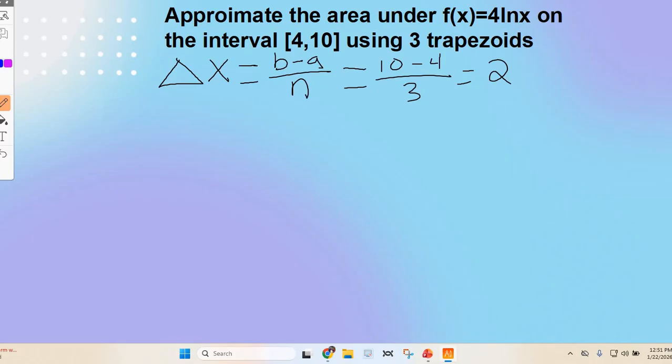If you want, you can draw a graph of this if it's helpful. So use 2, 4, 6, 8, 10. This is a logarithmic graph, so it's going to go up and then curve like that.